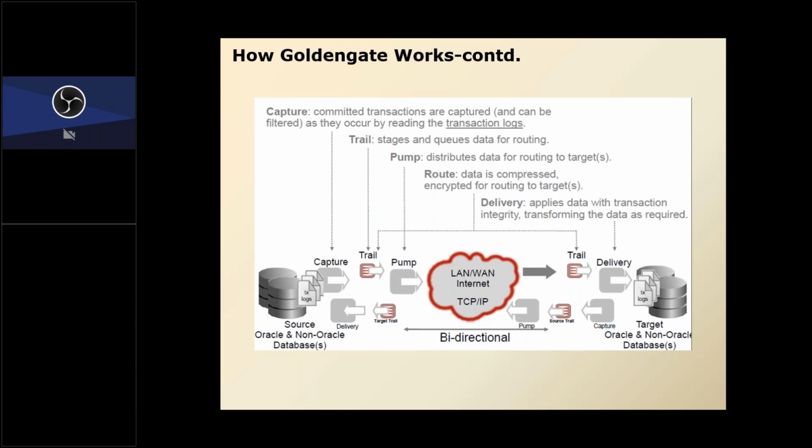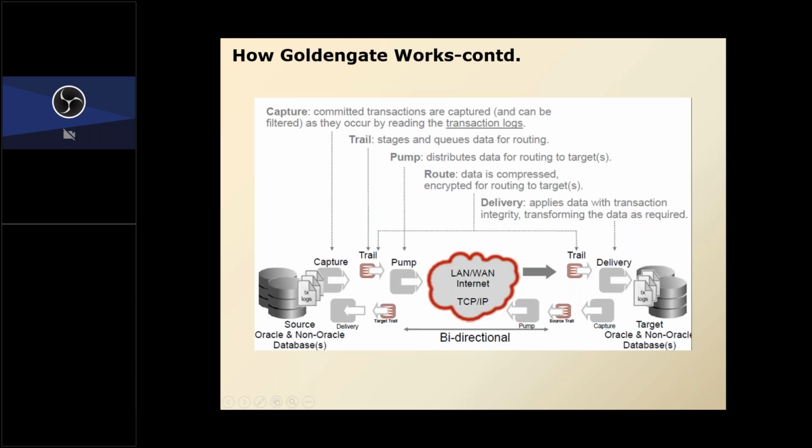Suppose this is site A and this is site B. In unidirectional you are replicating the data from site A to site B. In bi-directional, applications can be connected to both sites. Whatever transaction happens on site A will be replicated to site B. Similarly, whatever transaction happens on site B will be replicated to site A using Oracle Goldengate.